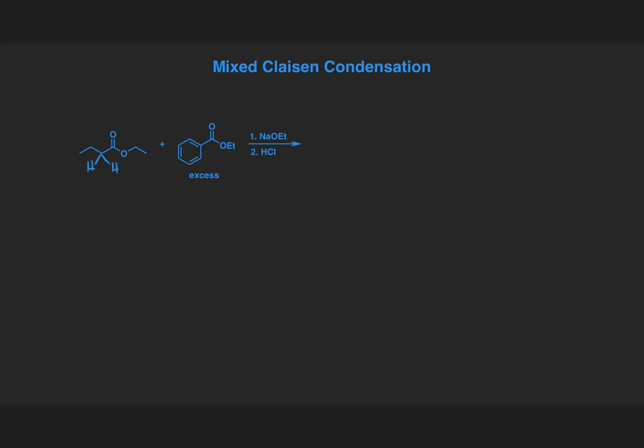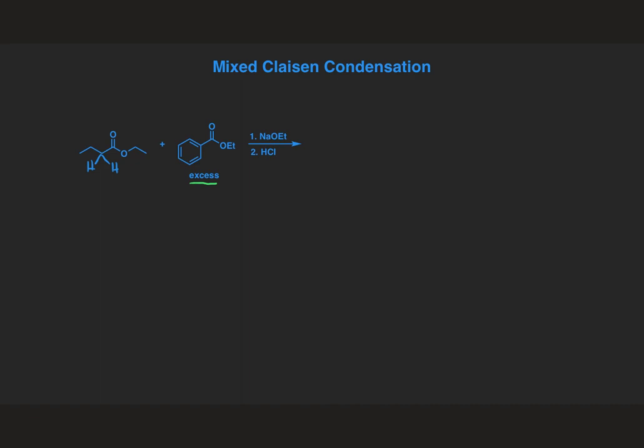That one is going to wind up being our nucleophile, which means this other ester is going to wind up being the electrophile. Notice that we have set it up in excess. This is because once we generate the enolate from the other ester, we want to make sure it only attacks the other ester and doesn't do a Claisen with itself.